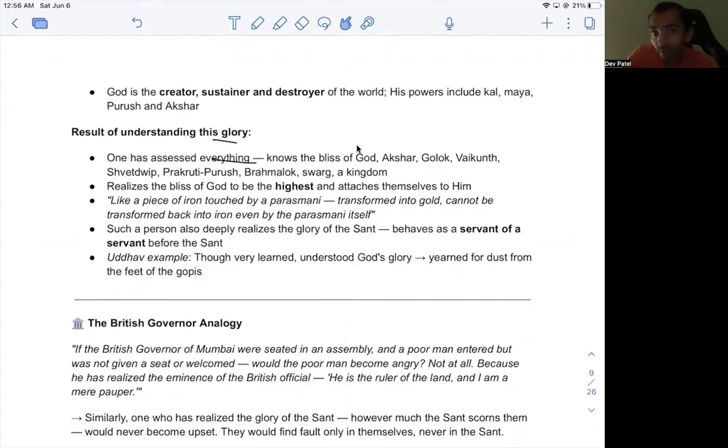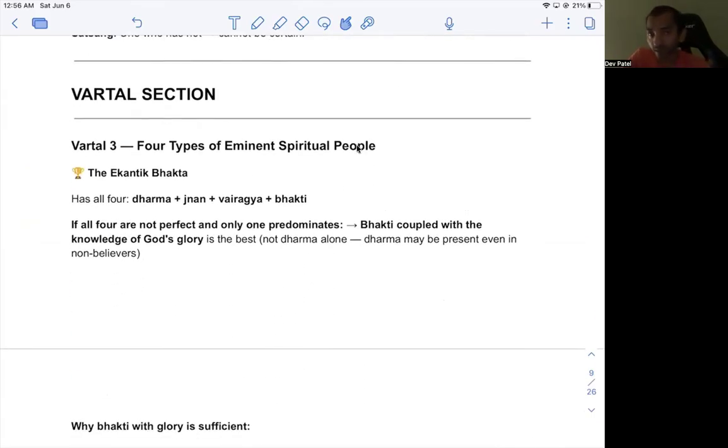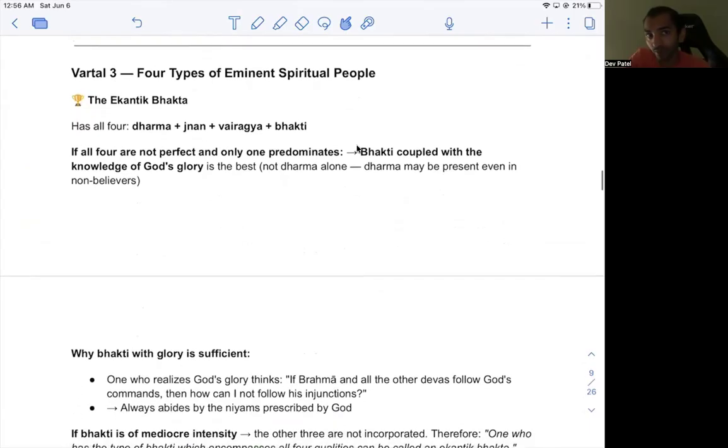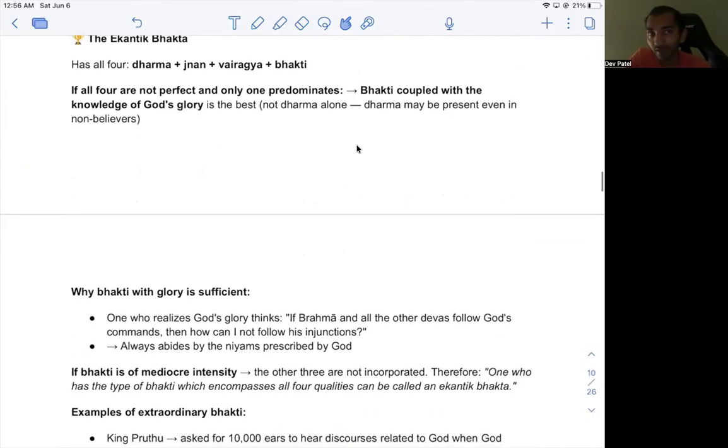A piece of iron touched by a philosopher's stone is absolutely transformed into gold. There are four types of spiritually eminent people. A devotee has these four qualities: Dharma, Jnana, Vairagya, and Bhakti. Even if these four are not perfect, if only one is predominant, bhakti coupled with knowledge of God's glory, then all four will develop.